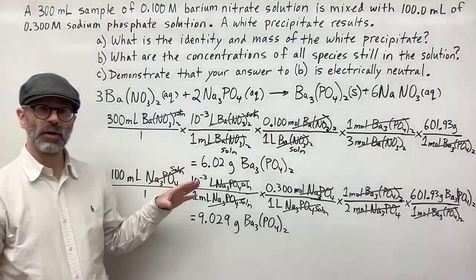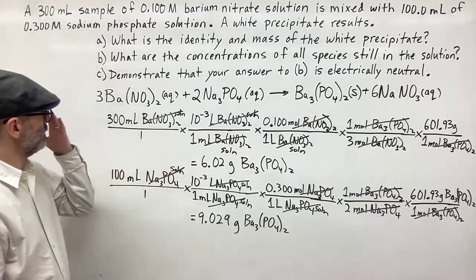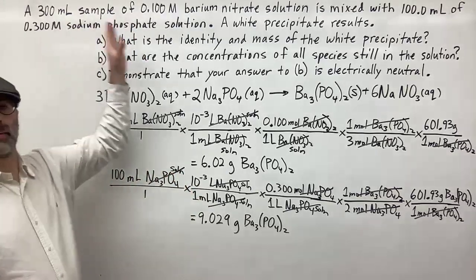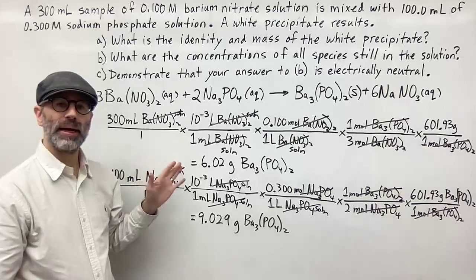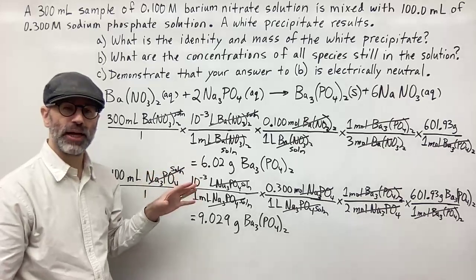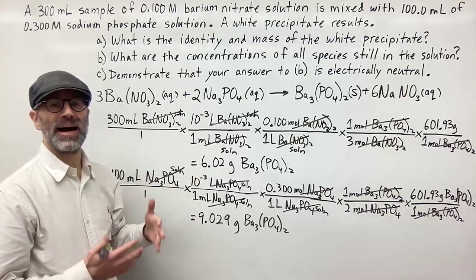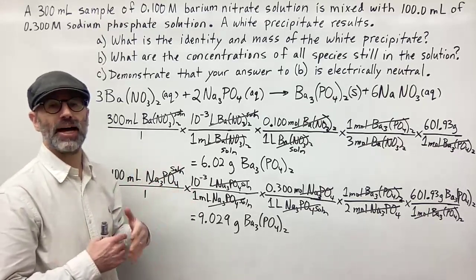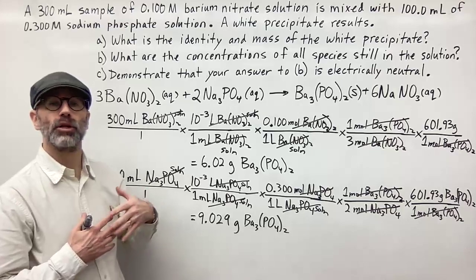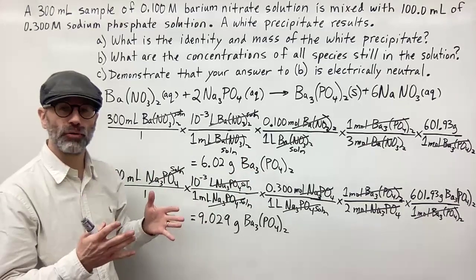Okay, so now what I've done is I've taken the amount of each reactant, and I calculated how many grams of the barium phosphate would be produced by each of those reactants, assuming that the reactant went to completion, like you used up all the reactant.